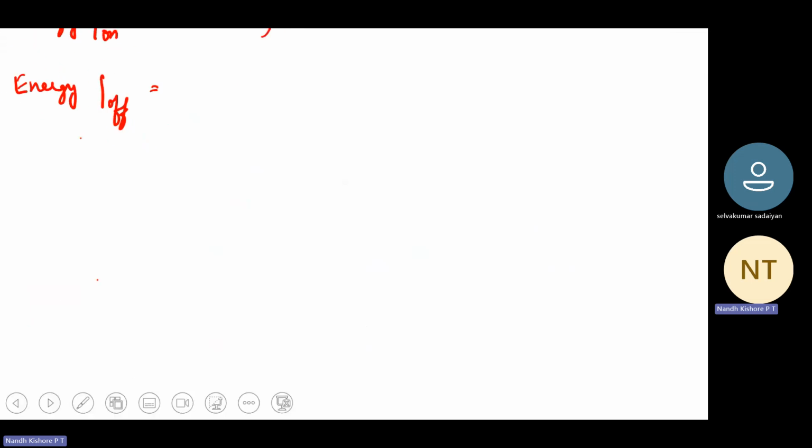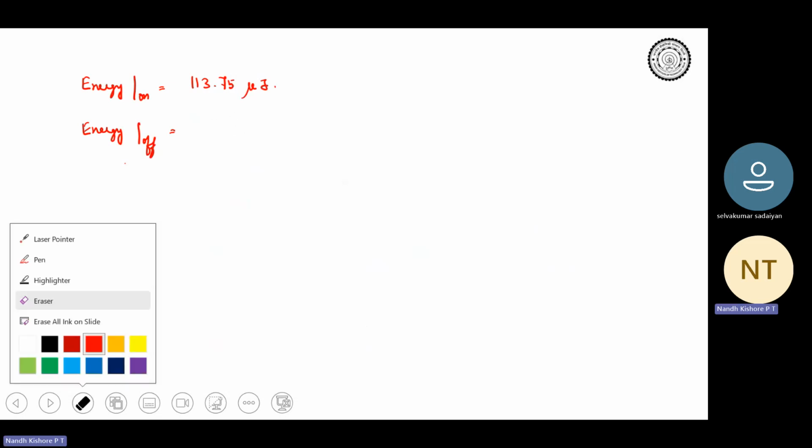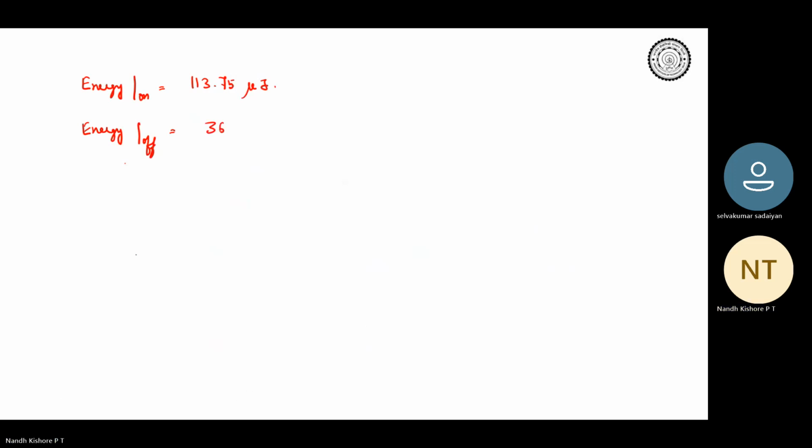Let's take some arbitrary value for simplicity, let me say this is 36.25 microjoules when the device turns off.